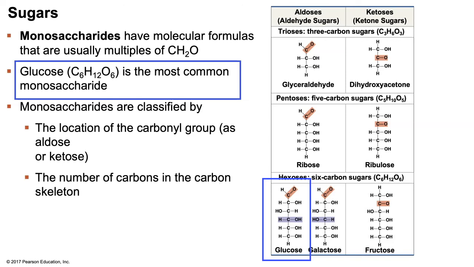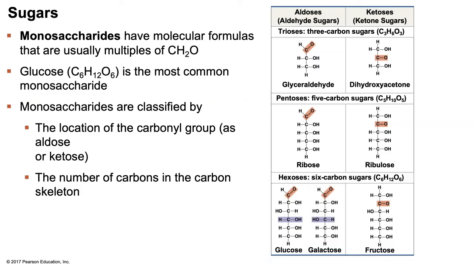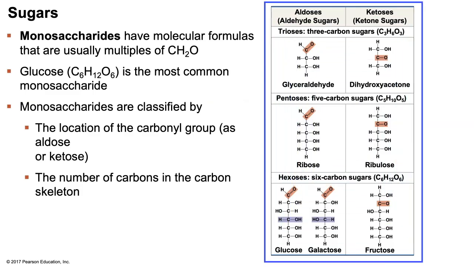Glucose has the molecular formula of C6H12O6. We see glucose in the bottom left of the table of sugars provided. Each of the molecules shown in this table are examples of monosaccharides, simple sugar monomers.